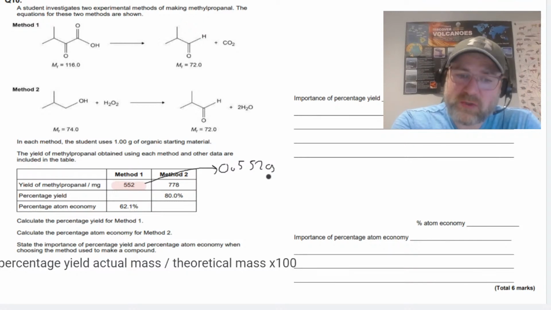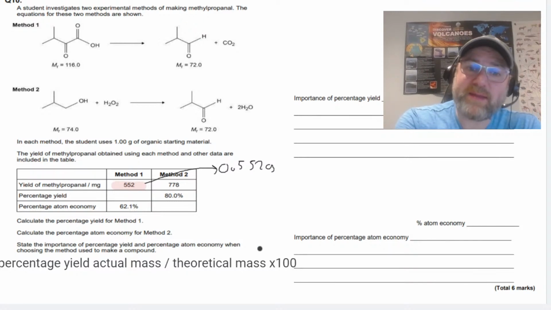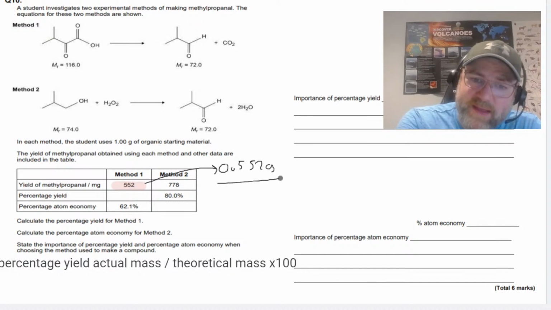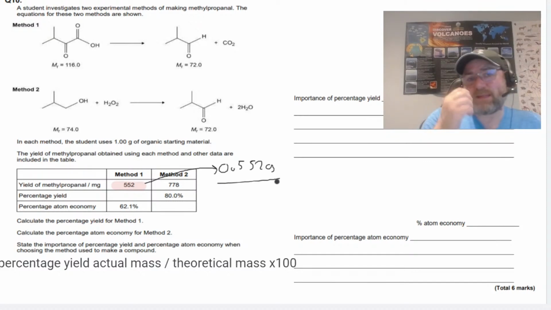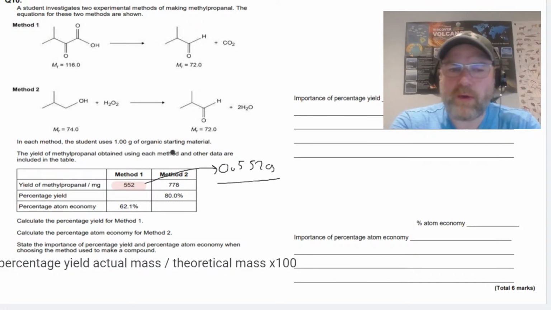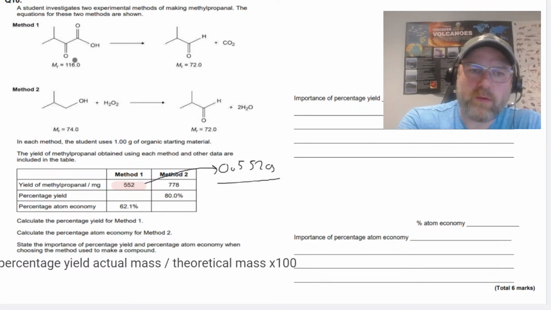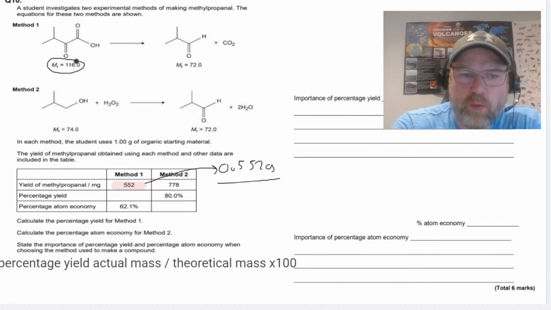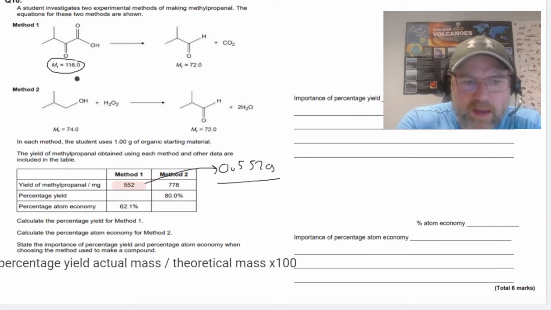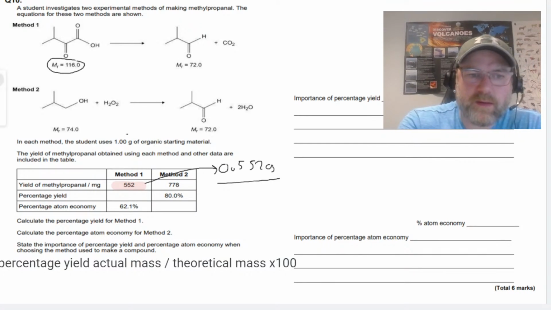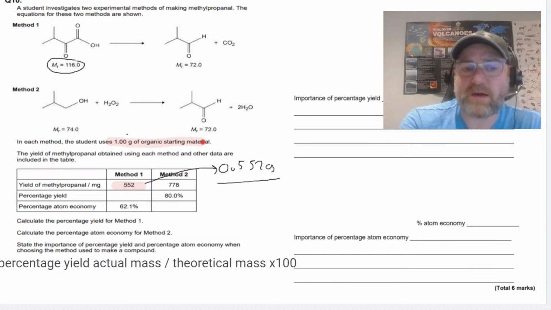So we have our mass. That is the actual mass. We now need to calculate the theoretical mass, because then we can divide by the theoretical mass to get the percentage yield. How are we going to work out the theoretical mass? Well, we know that we have an MR of 116. In each method the student used, a key bit to highlight, 1 gram of organic starting material.